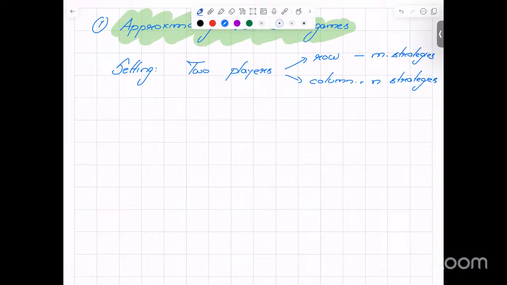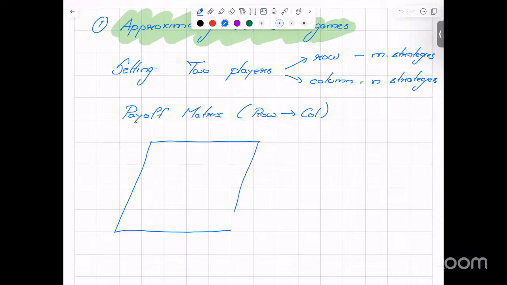If the row player plays a particular strategy and the column player plays a particular strategy, the corresponding entry tells you how much the row player pays. So we are given a payoff matrix, and this is a zero-sum game. It's how much the row player gives to the column player.